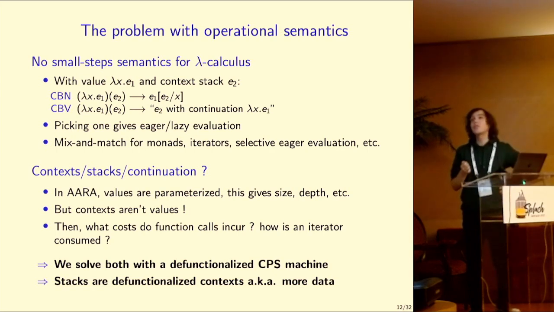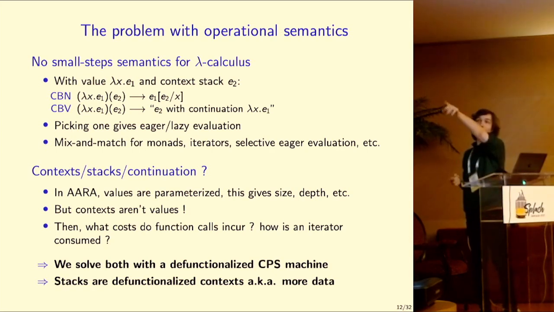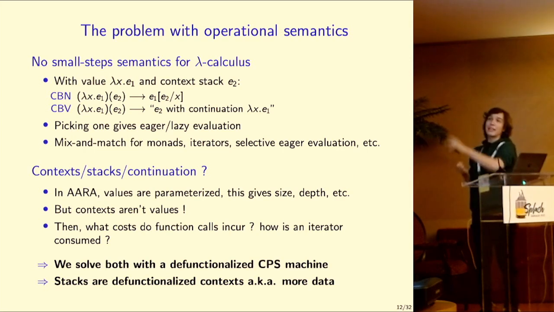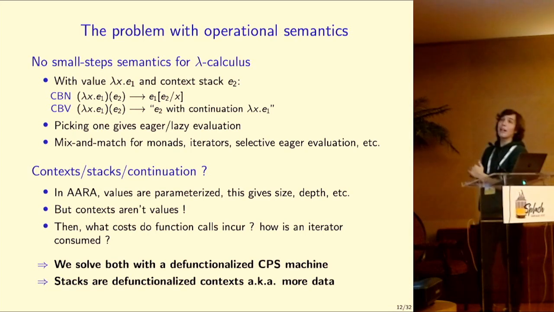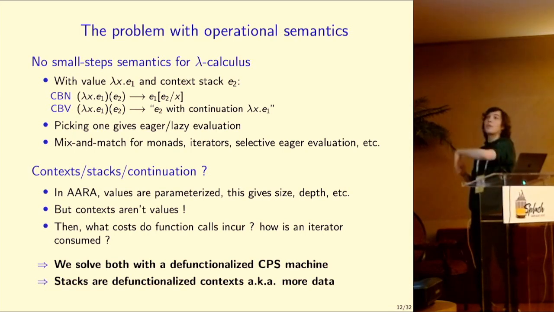If I just look at function application, if I reduce it in call by name semantics, I just substitute the argument in the body of the function. But if I want evaluation in call by value semantics, I have to first evaluate the argument with continuation the body of the function.